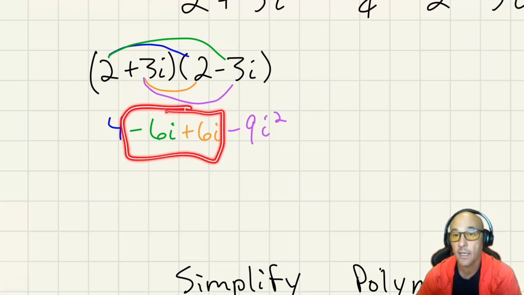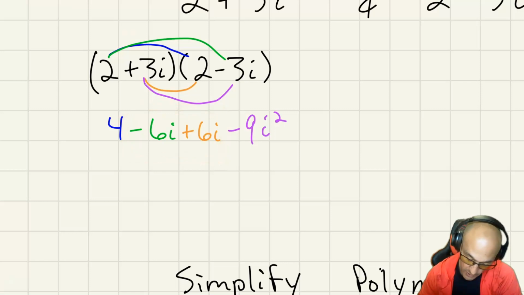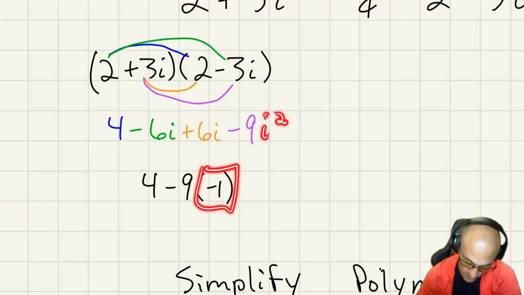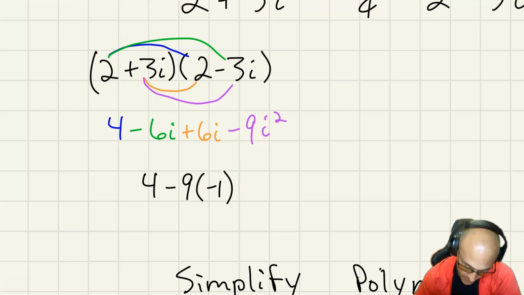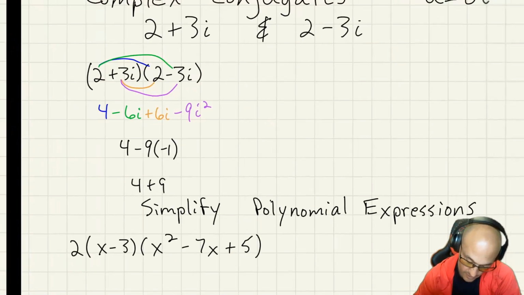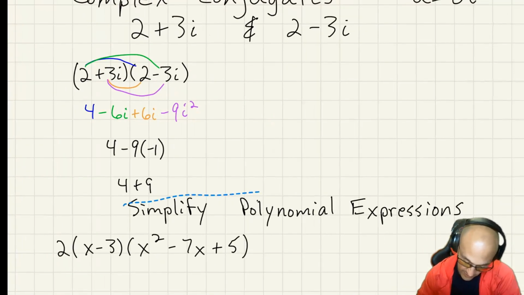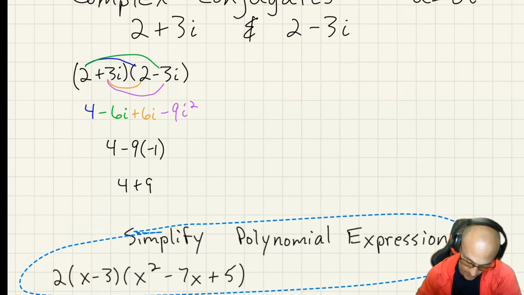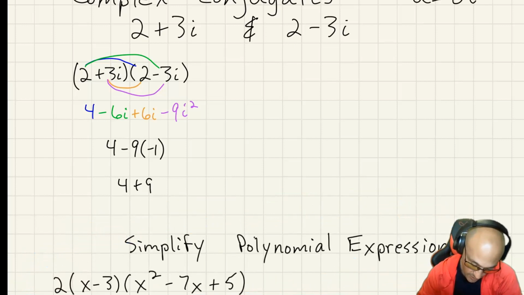These i terms cancel. So we're just left with 4 minus 9 times negative 1, because I took that i squared and rewrote it as negative 1. So we have 4 plus 9, which is just 13.